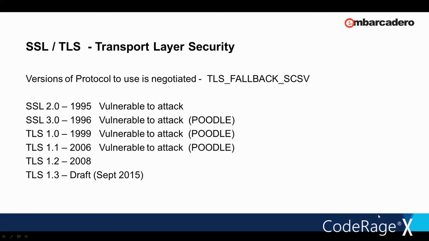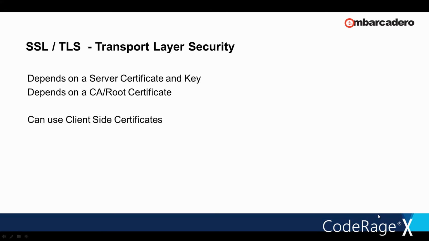So with that, let's talk a little bit about what it depends on. Well, it depends on a certificate on the server. And it also depends on a key, the server having a private key. And it also depends, although this is a little bit more implementation specific, on having access to the certificate authority's root certificate. This is to verify the authenticity of the server certificate.